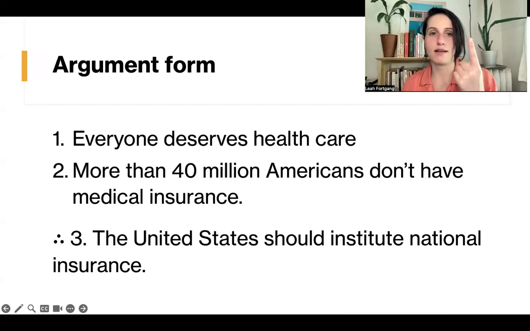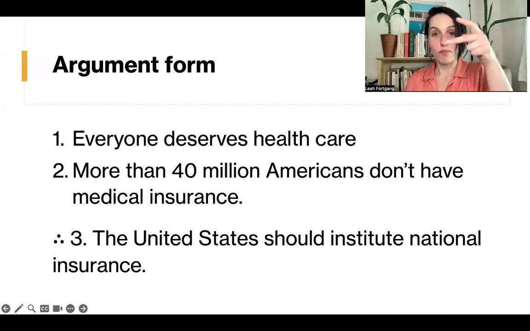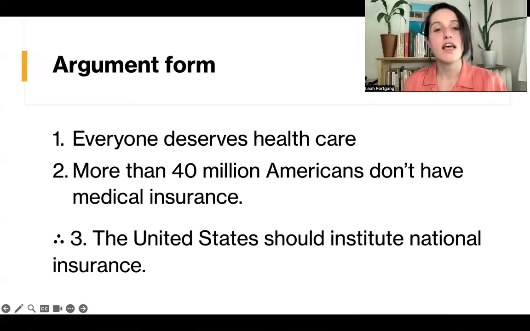Premise number one, everyone deserves healthcare. Premise number two, more than 40 million Americans don't have it. Then, given those two reasons, therefore, or thus, the conclusion: the United States should institute national health insurance or implement universal health care. All right.